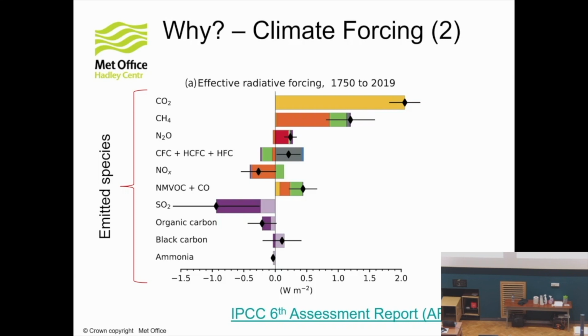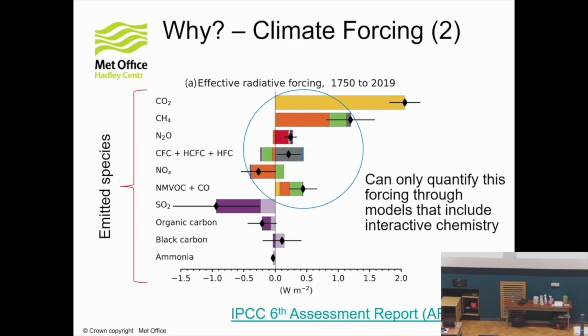You'll see that ozone isn't listed here, and that's because ozone itself isn't emitted directly into the atmosphere, but it's formed in the atmosphere from other emissions. So the green bar, the portion of these bars that is coloured in green, is the contribution from ozone.